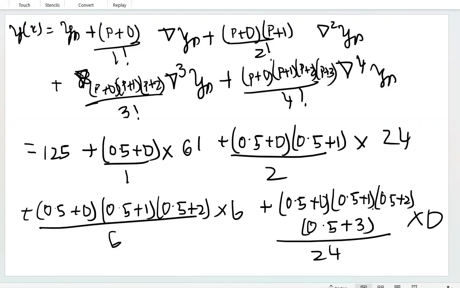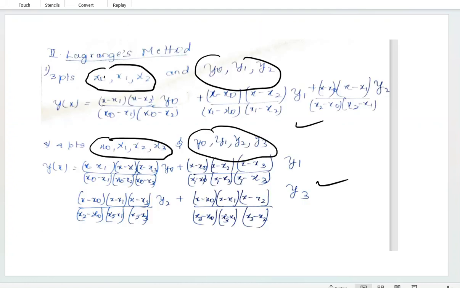Now we move to the next method, which is the Lagrange method. In the Lagrange method, there are two types of formulas: one for 3 points, x0, x1, x2, y0, y1, y2, and one for 4 points, x0, x1, x2, x3, y0, y1, y2, y3.